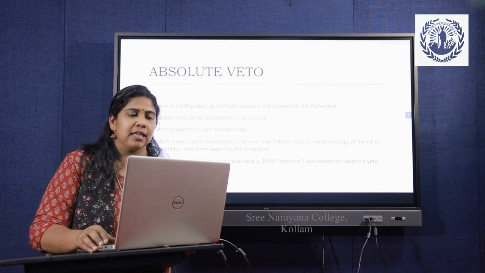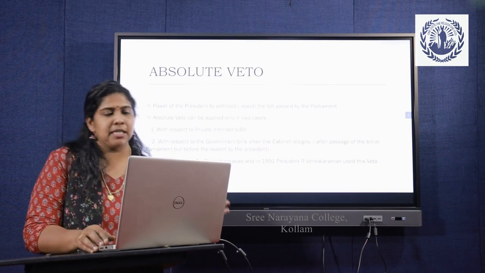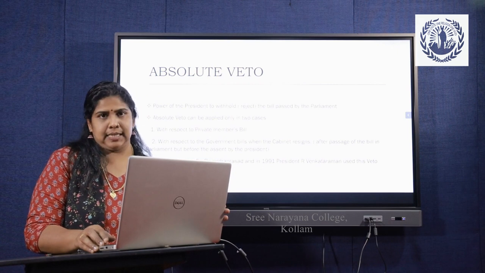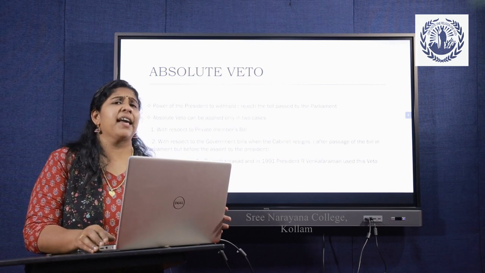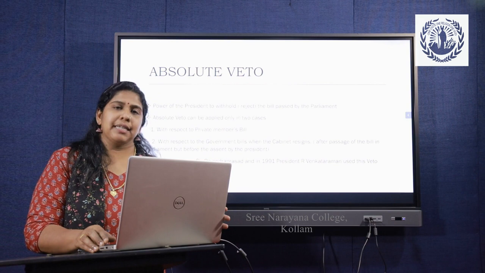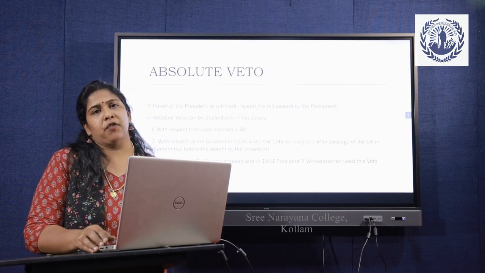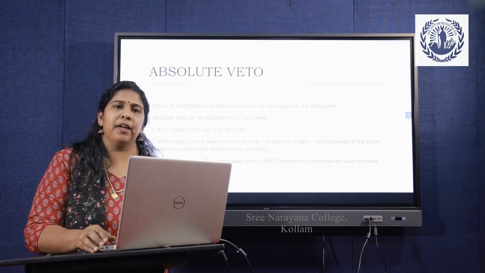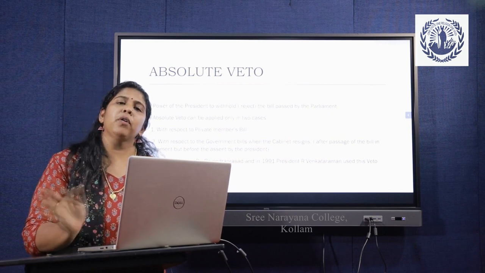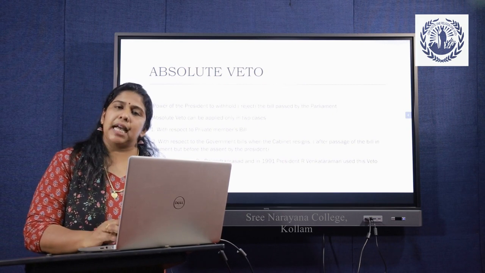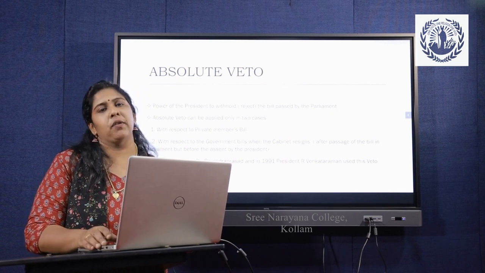And in the second case, with respect to the government's bill, when the cabinet resigns. Suppose the current government resigns after submitting a particular bill for the consent of the President of India, but before the President gives assent, the government resigns.